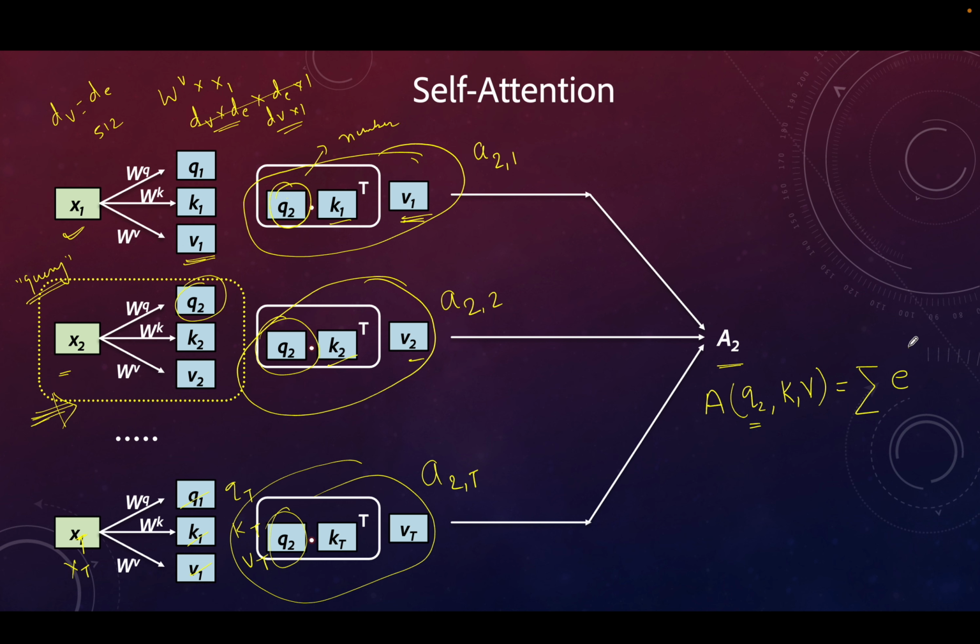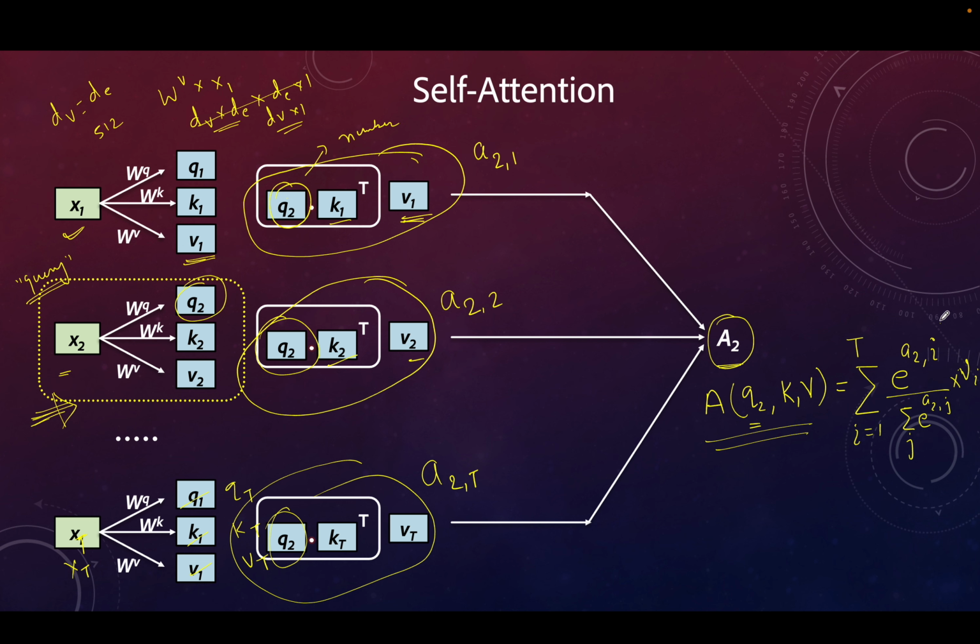Let's write the softmax of A2i. The 2 is fixed because we are calculating A2, and this i goes from 1 to T, the number of tokens in the sequence, divided by the summation of e to the A2j for all values of j, and then we multiply with vi, and we get this A.